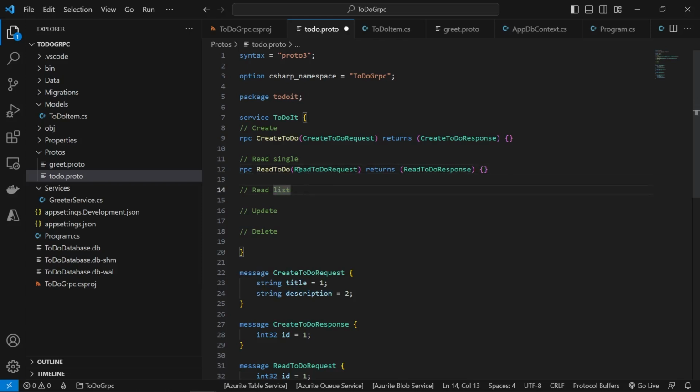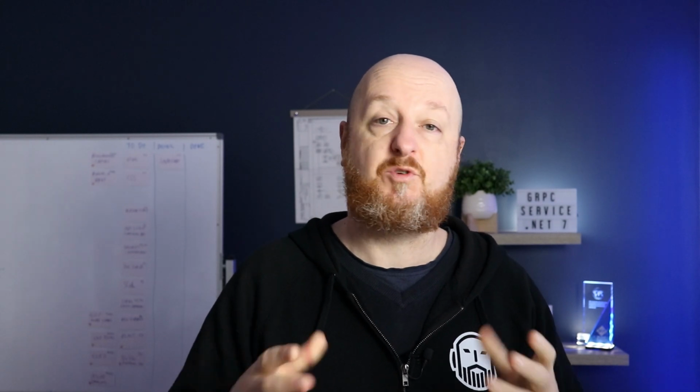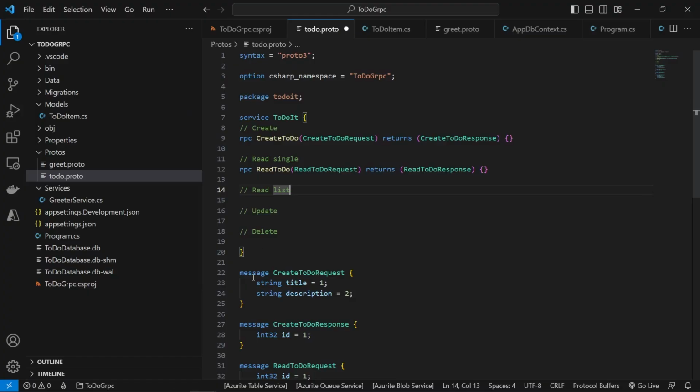Last one I'm going to type out is the list, because there's a little bit of novelty there. So like with REST paradigm, when you're making a call to a list, you can supply some stuff in the query string to maybe filter it, but we're not going to do that. We're keeping it simple. We're just going to say, give us all the items that you have. And so we're not really passing anything over with it by way of like a parameter or anything like that. So, and we're returning, of course, a list of all our to-do items.